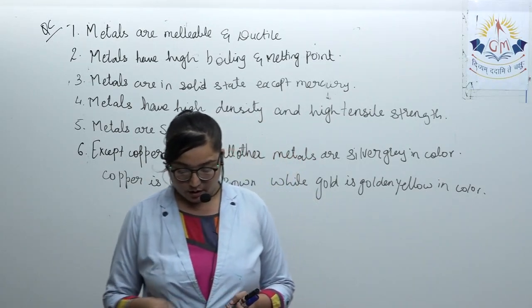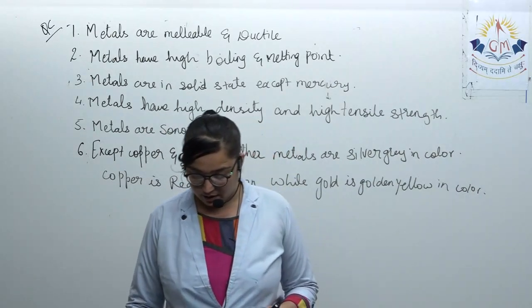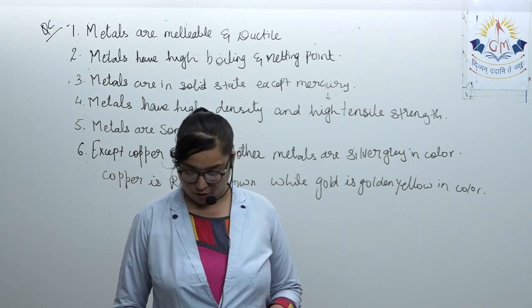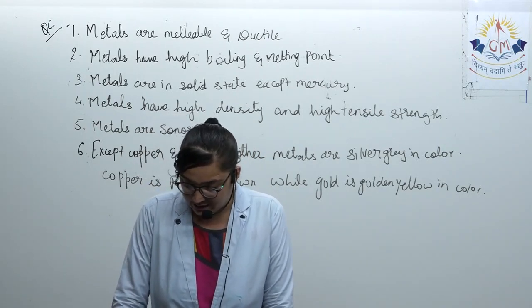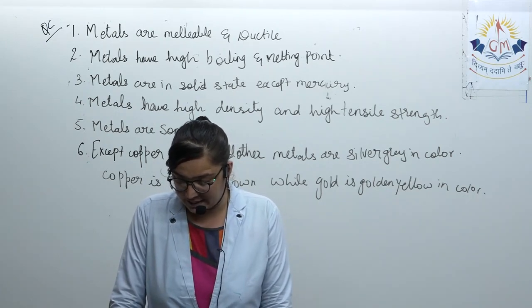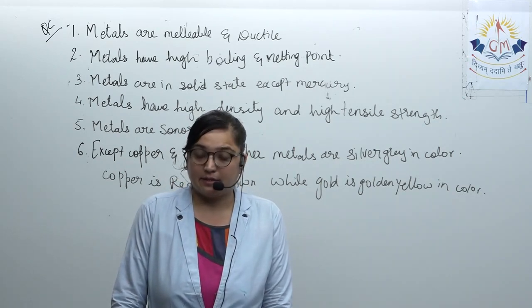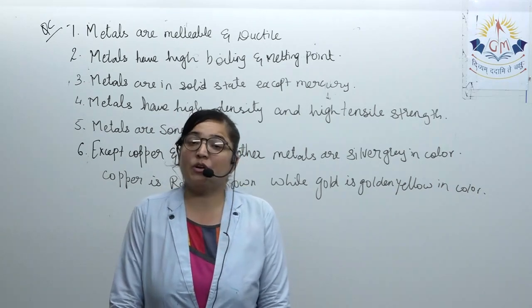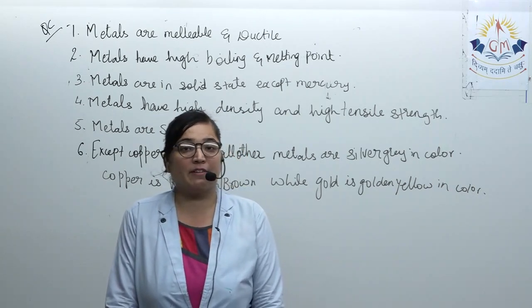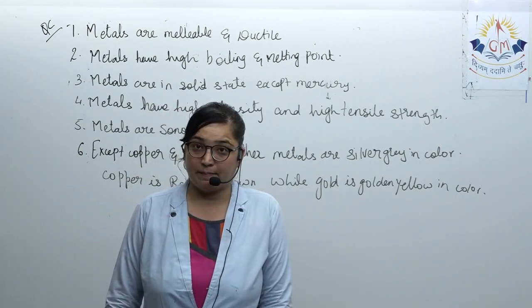Next, more reactive metals, they occur in combined form, whereas less reactive metals, they occur as free metal in nature. Why is it like that? It is happening because of their property. More reactive metal will quickly combine with other element and they will form compounds very quickly.